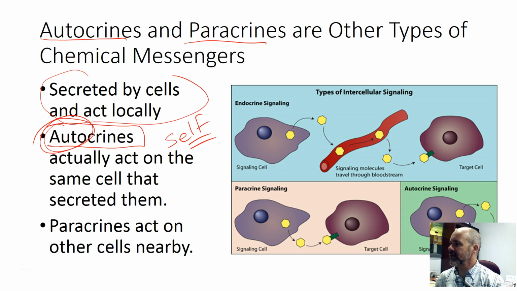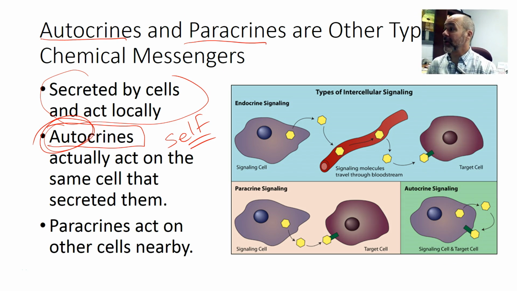So you can see over here, this diagram, here's a cell, and this little yellow stop sign here is supposed to be a chemical messenger that that cell secretes. And then that chemical messenger turns around and binds to this little green molecule there in the cell membrane.